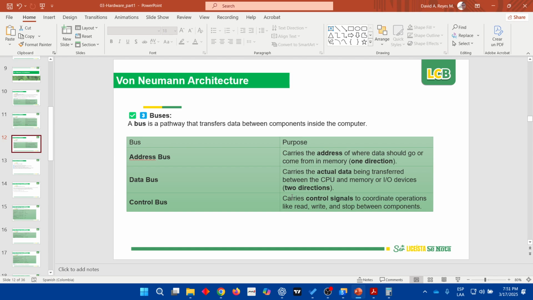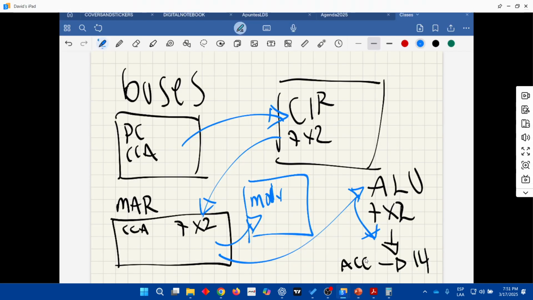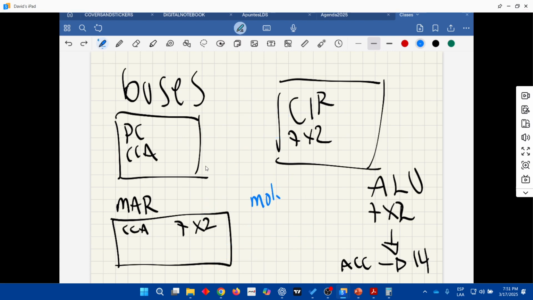So what is the address bus? The address bus carries the address of where data should go or come from in memory, in just one direction. Okay, so here we have this. Let me delete all the arrows. So that means that, for example, the program counter has the address of the operation.